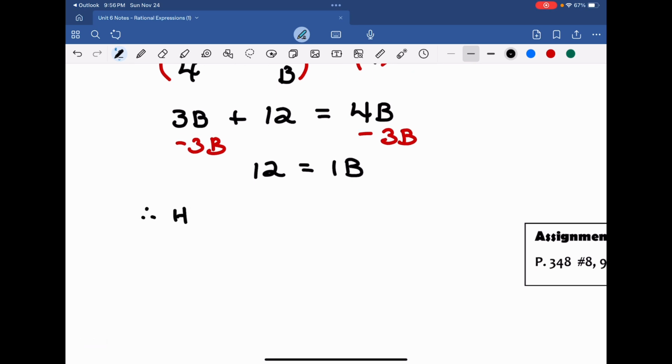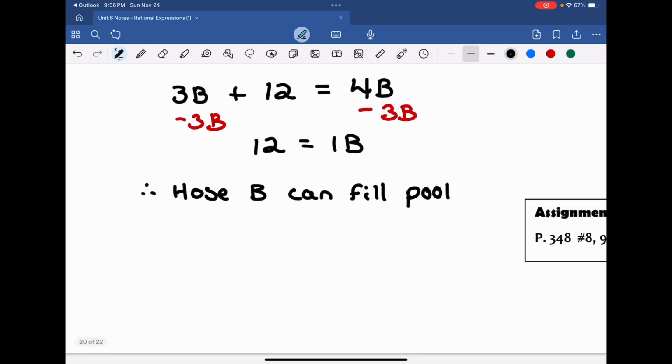So now we can summarize it and say, therefore, hose B can fill the pool individually, or you could say alone, but maybe I'll just say individually, in 12 hours.